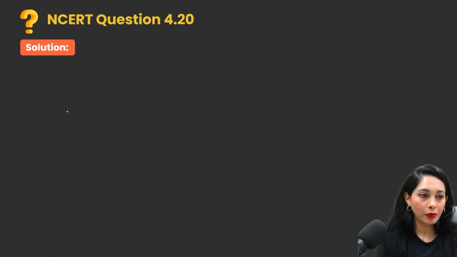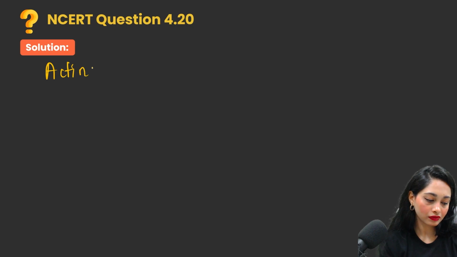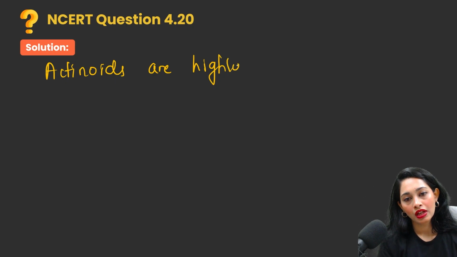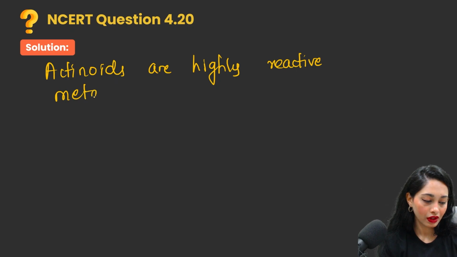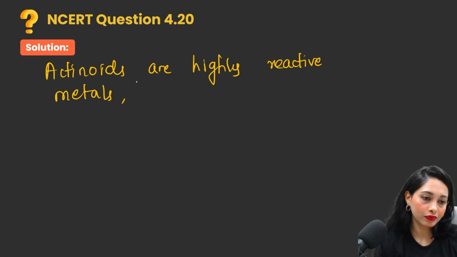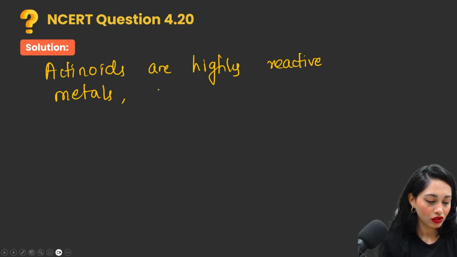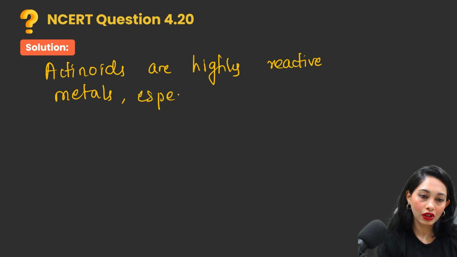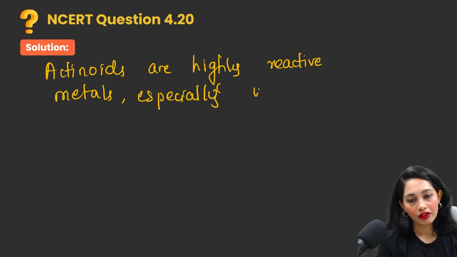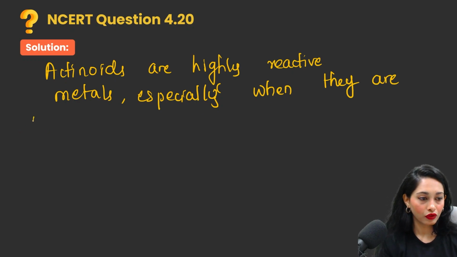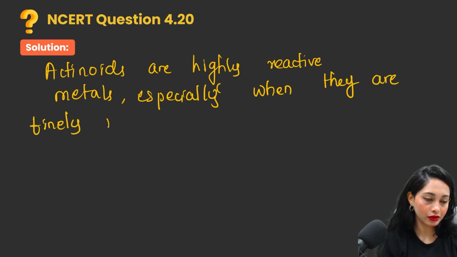Okay. If we talk about actinoids, they are highly reactive metals. So the reactivity increases when they are finely divided. Actinoids are highly reactive metals, especially when they are finely divided.